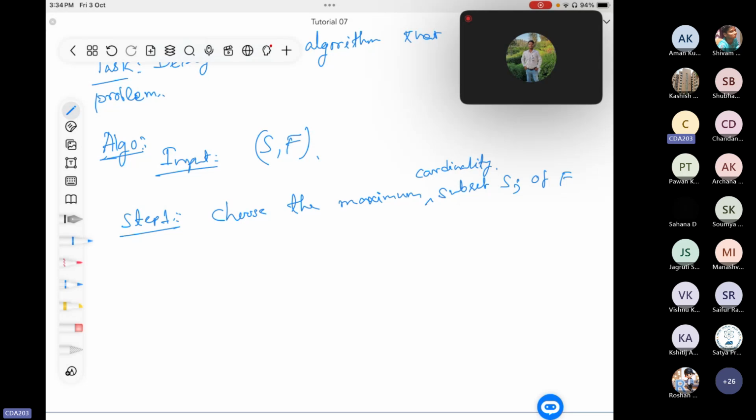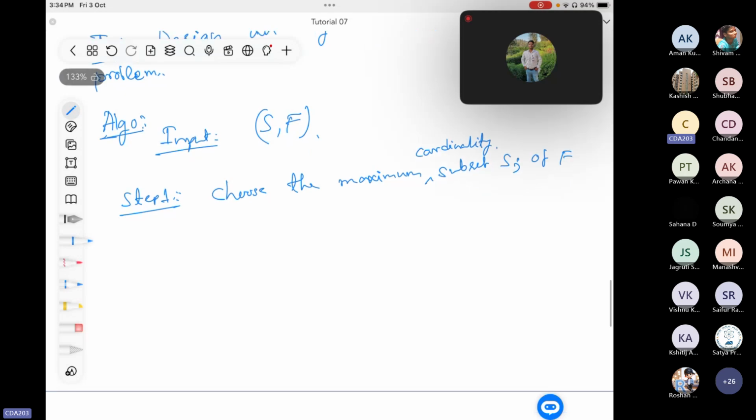Sj of F that has the maximum cardinality. I'll write the pseudocode also, then it will be clear. So we choose the maximum cardinality subset. This is our greedy choice. We are looking at all the elements in the F. We choose the maximum subset. Then it covers.